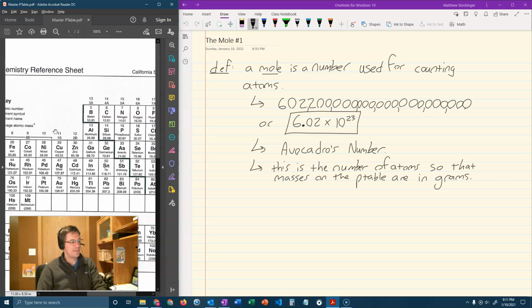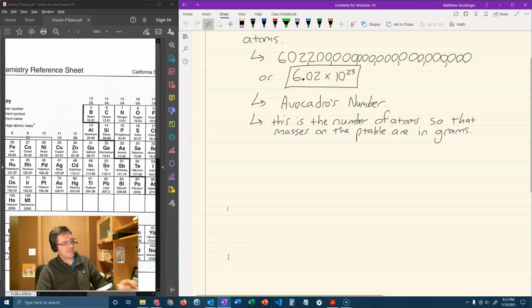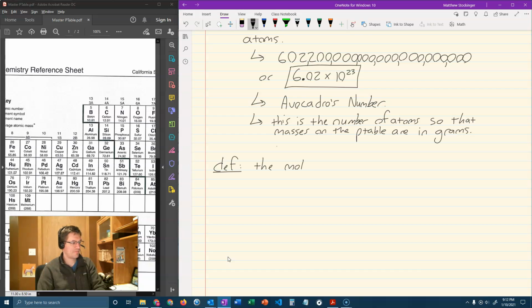Now, when you have the mass of a mole of something, that has its own name. That's called the molar mass. That's the mass of 1 mole of anything.